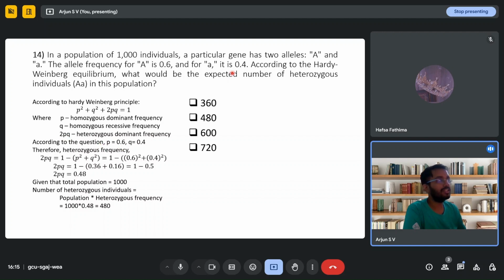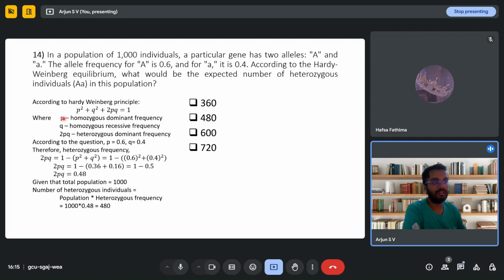According to the question, p, which is the dominant allele, is 0.6 and q is 0.4. So you just substitute all these values into the equation and use a calculator as well. You have to find 2pq, which is the heterozygous frequency. But using this frequency, you also have to find the expected number of individuals.